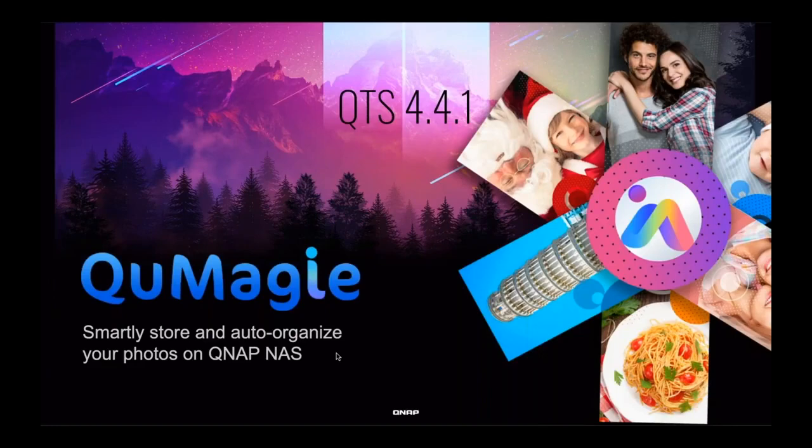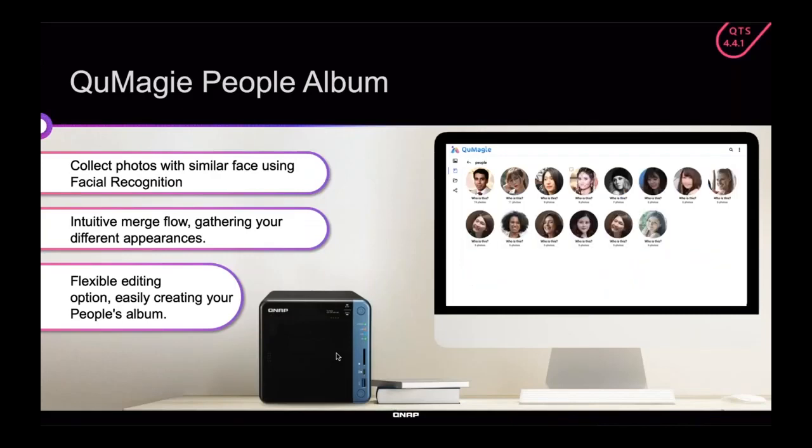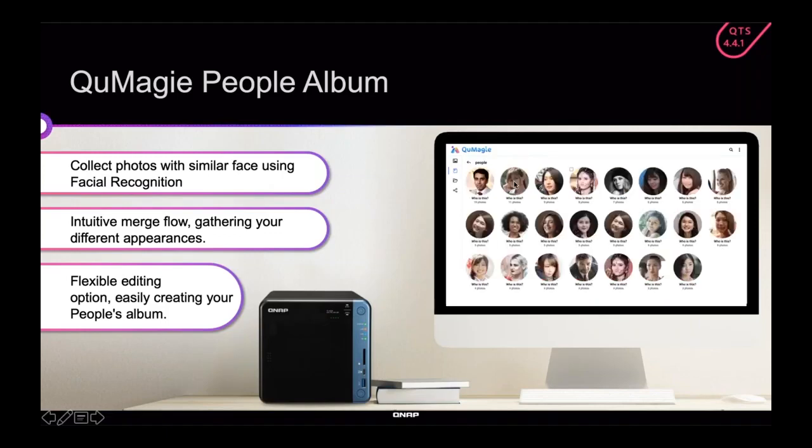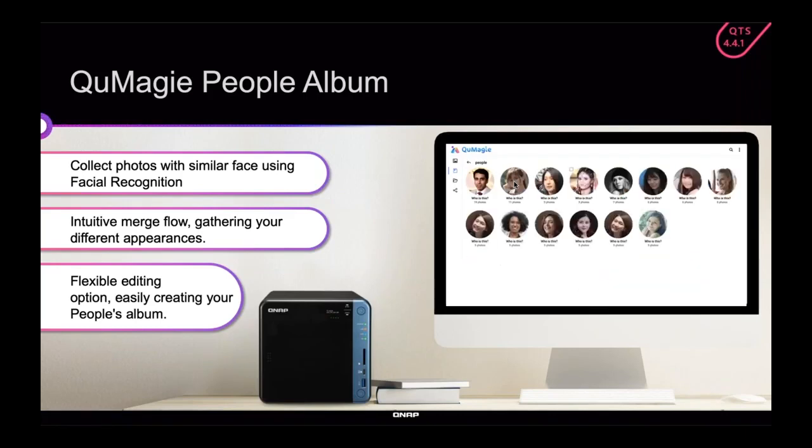So QuMagie will categorize your photos, makes it really easy to find things. For example, QuMagie will just recognize that all these 19 photos are of the same person. All these 11 photos are of the same person. So you don't have to sift through all your photos trying to find all the photos of the same person. It will just find that for you.